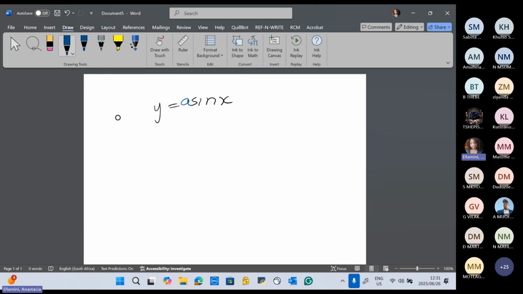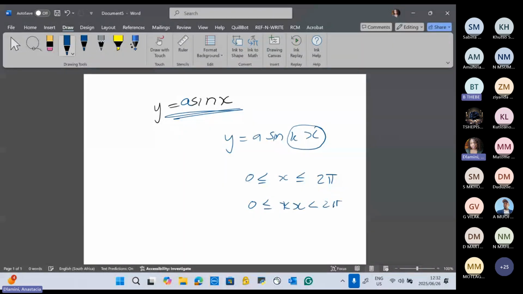Do you hear that, guys? Yes, ma'am. It only affects the height of the graph. But now the k will affect the period. So initially we know the period of this one is between 0 and 2 pi, isn't it? Now we remove x and put kx, so x will be between 0 and 2 pi over k.